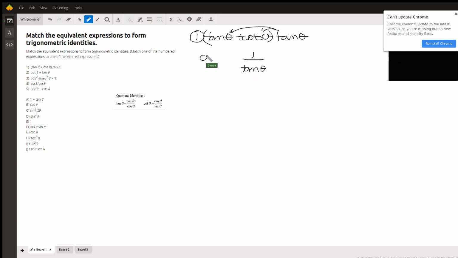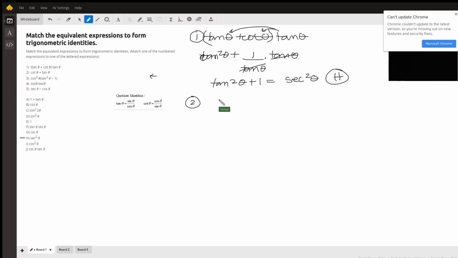So this becomes tangent squared theta, and then this will be 1 over tangent theta times tangent theta. So these two cancel out. This leaves me with tangent squared theta plus 1, which you can see is this second trig identity here. That's going to be secant squared theta, and that matches up with H here in our list.